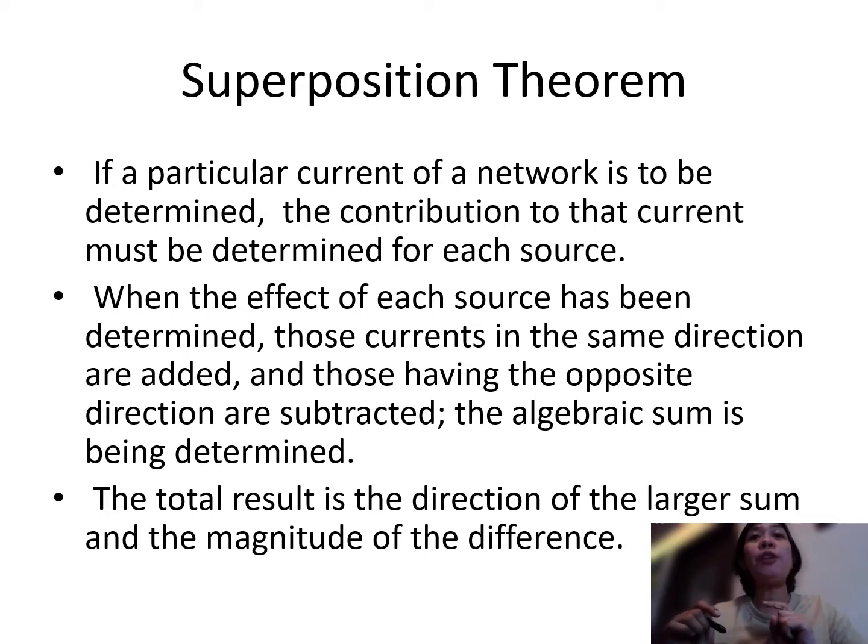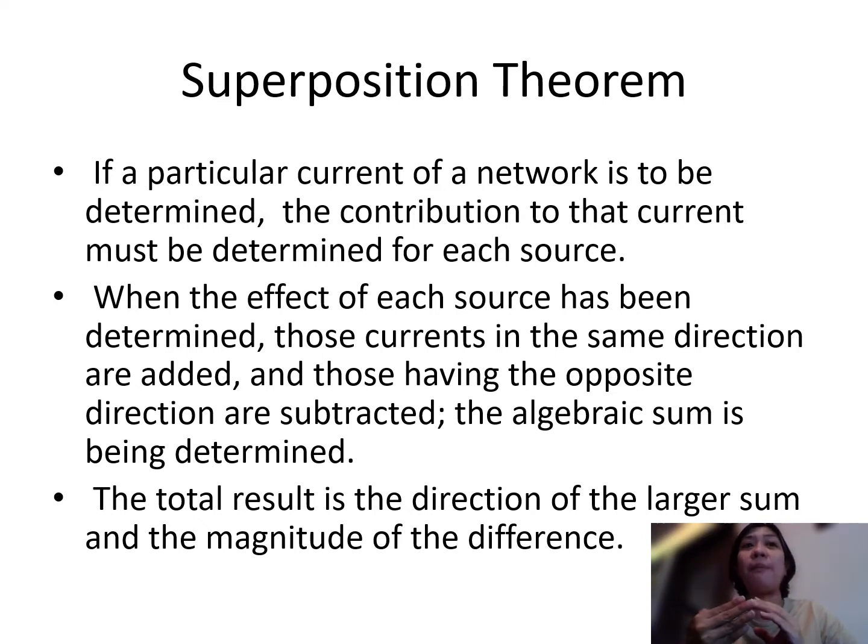When the effect of each source has been determined, those currents in the same direction are added. We will be checking if those two currents are in the same direction or in the opposite direction. If they are in the same direction, we add those currents or voltages, and those having opposite directions are subtracted.